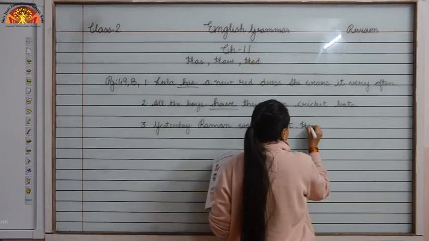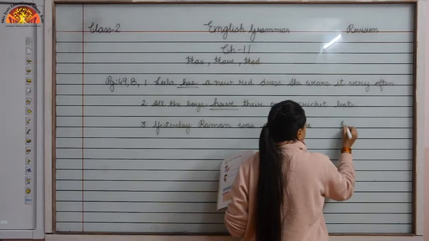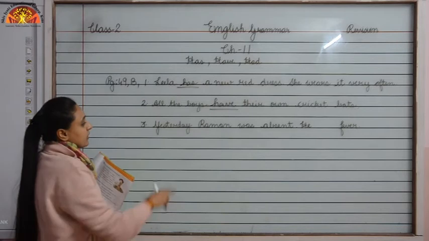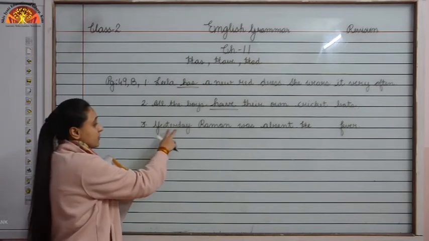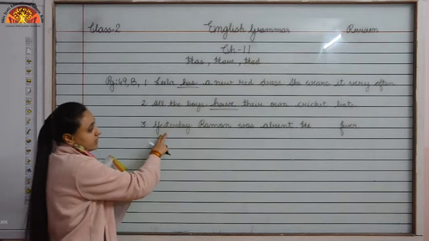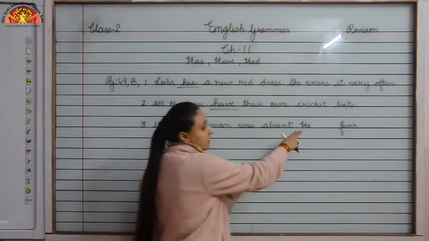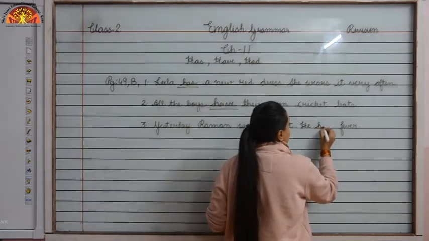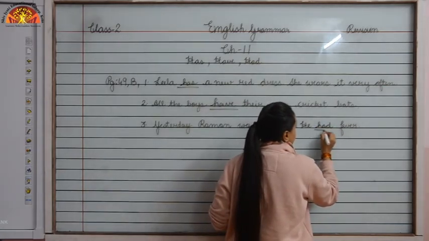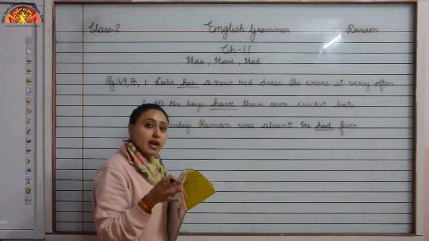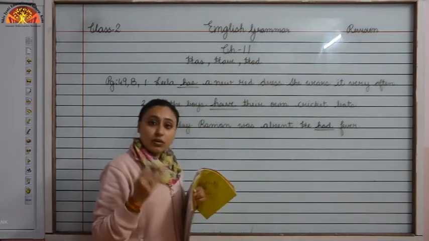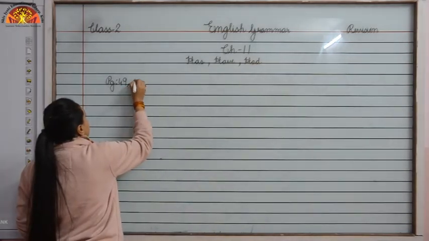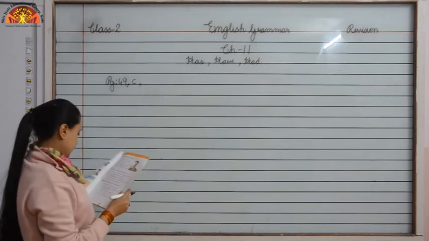He dash fever. So children, look over here. This sentence is of past tense because the word yesterday is given to you. Yesterday Raman was absent. He dash fever. He had fever, because we have learnt whenever a sentence of past tense comes, we use had with all pronouns and nouns. Okay.